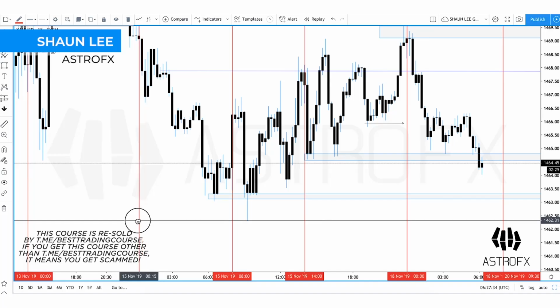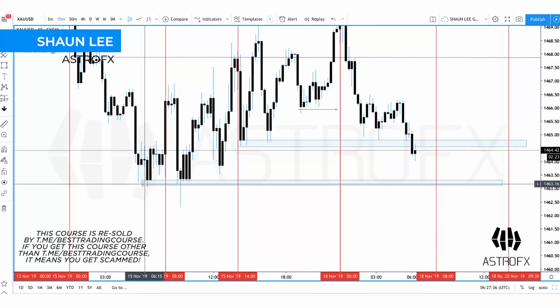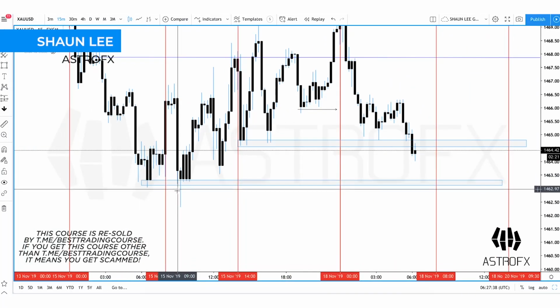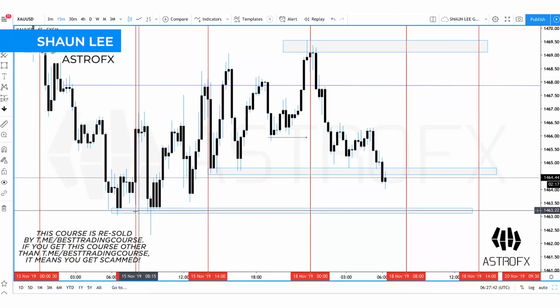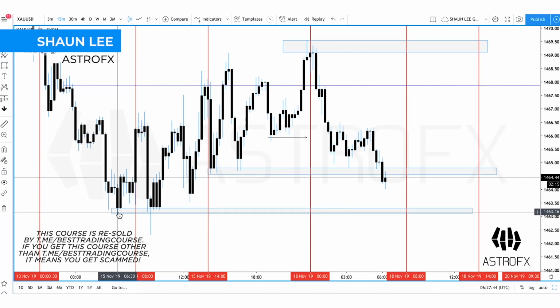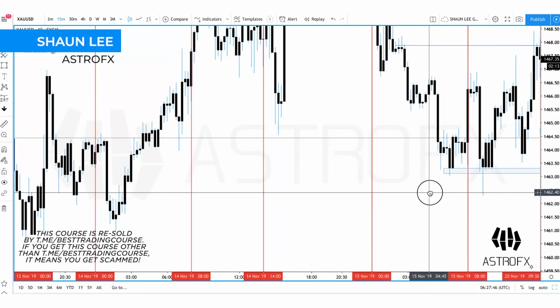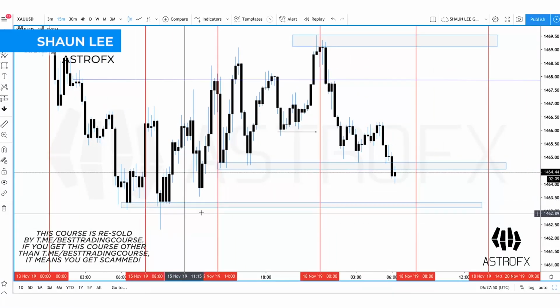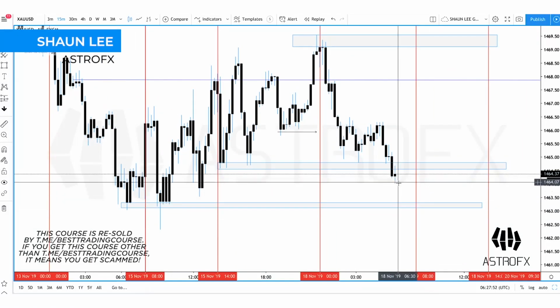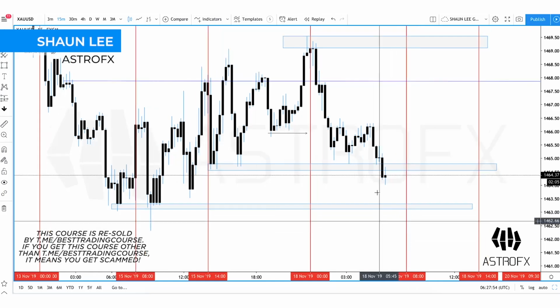Sorry, okay, so this is the Asian low. Asian low, London then respects the Asian low, pushes price back to the upside. And I've kept this on because this is the low of the week, or one of the lows of the week. But this is a prominent area in which gold could now be pushed into.